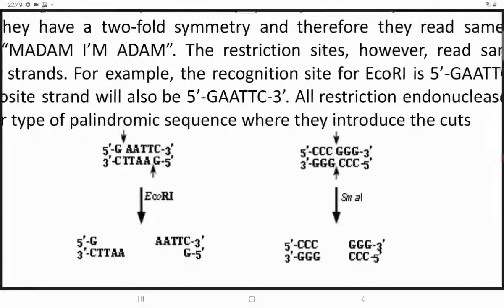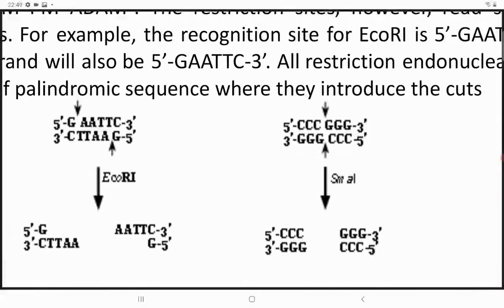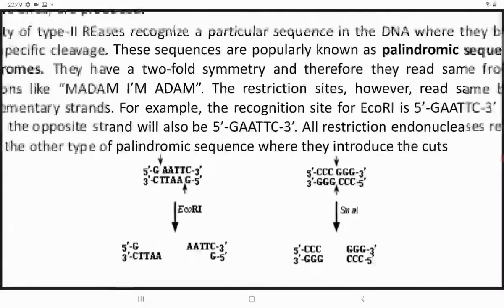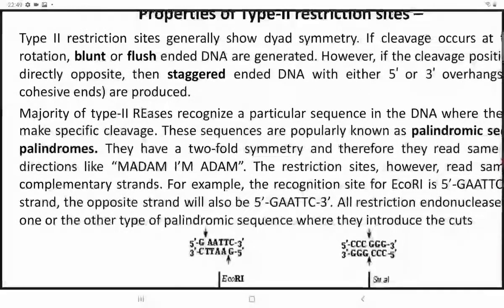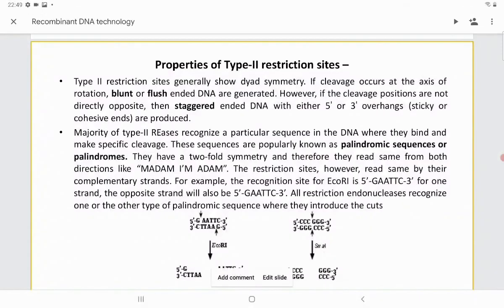But in this case the SmaI enzyme clips the DNA at this position between CCC and GGG on both the strands, and the cleavage sites are opposite to each other. That's why it produces a blunt ended DNA like this. But blunt ended DNA is not sticky, so you need to modify it so that it becomes sticky. We will see how linkers are added or ligated to these blunt ended DNAs to make them sticky.